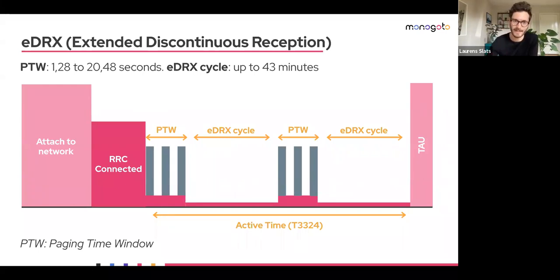Again, it boots up, it sends a message, and then it goes into a paging time window, which is a set interval where it frequently checks with the network for incoming traffic, and then it enters the eDRX cycle, which is a period of time where it's in sleep mode and cannot receive any messages. And once these timers expire, then it starts paging again. And this is a cycle that loops, and that together forms the active time.